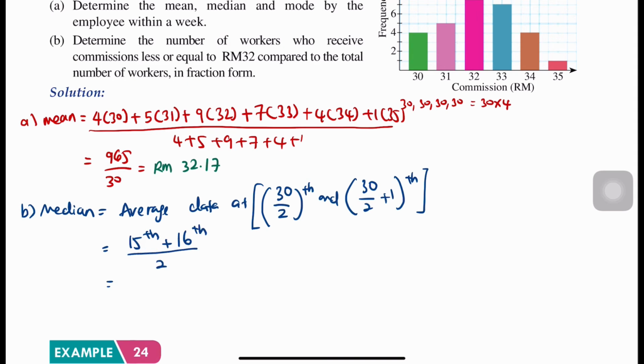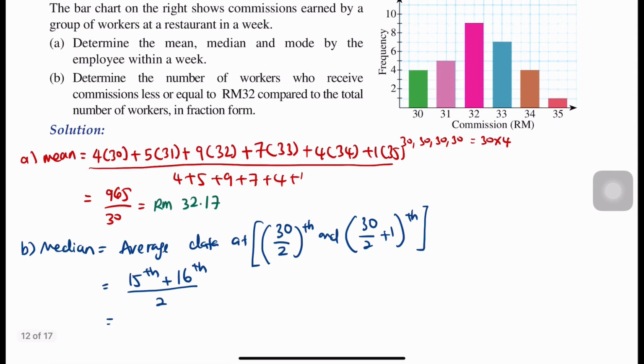Okay, so data ke-15. So kita cari, 15 ni frekuensi dia yang mana? This one is 4, 6 kan, 4 plus 6 is 10. Yang ni 9, so 10 plus 9, 19. So maksud dia data ke-15 dan 16 ada dalam palang 32 ni, kan?